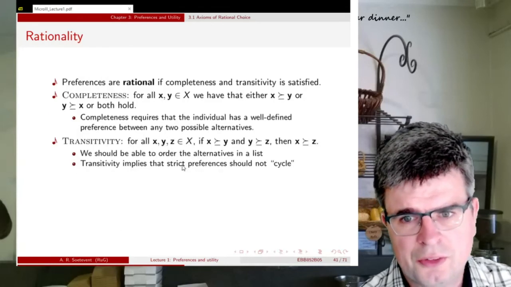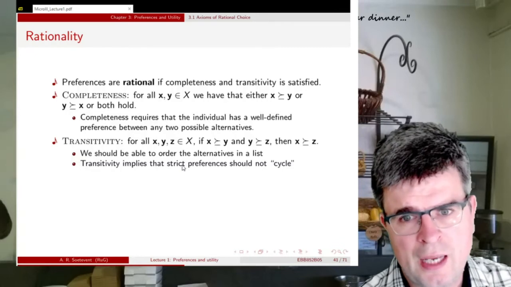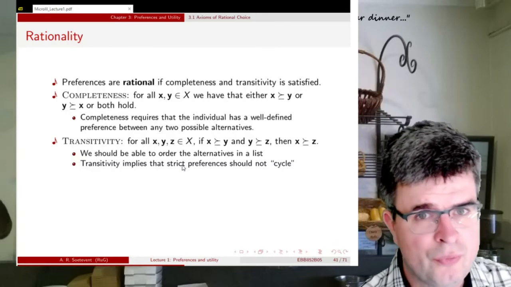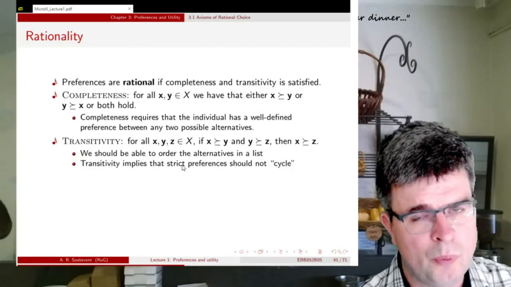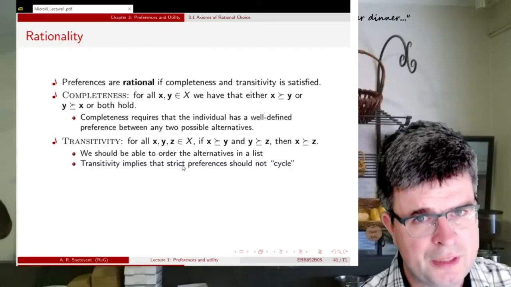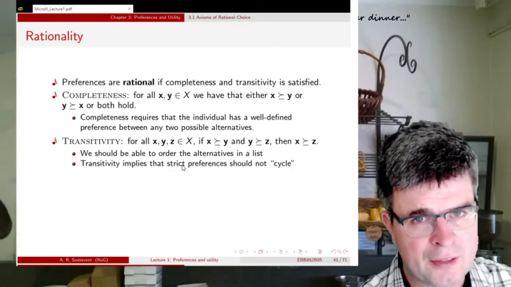Second condition is transitivity, which says that if we have three alternatives, x, y, and z, then if the individual weakly prefers x over y and weakly prefers y over z, then it must be that he also weakly prefers x over z.